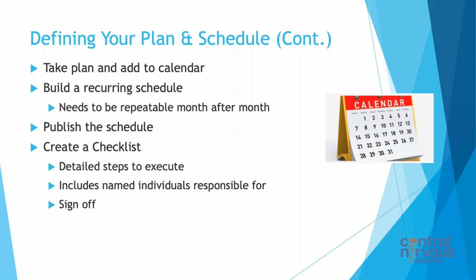The schedule would list out a checklist, detailed steps to execute the plan, starting at 5 days before month end, all the preparation for the month end, and taking us all the way through to close. So for me, maximum 10 days after month end, everything's closed and financials are published, being that last step.